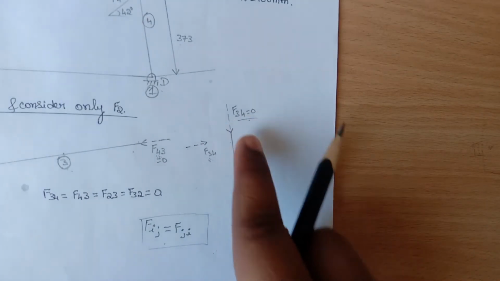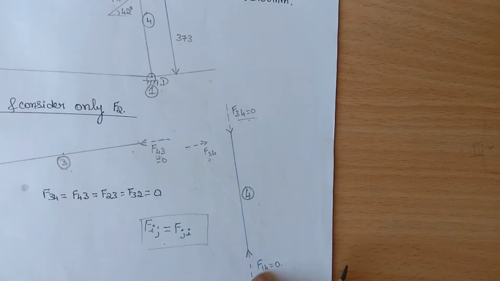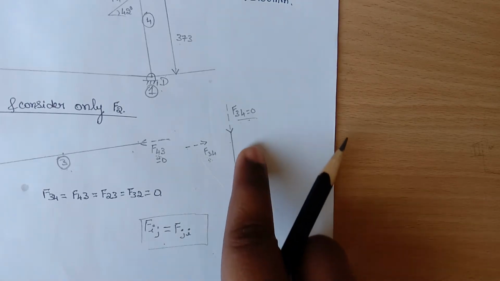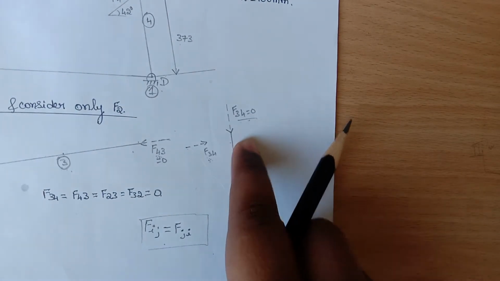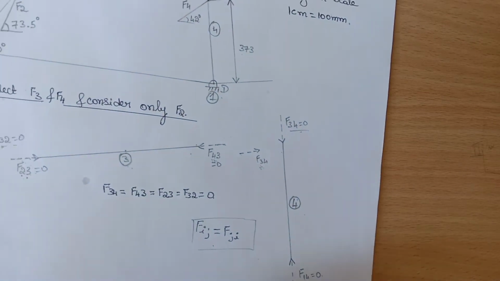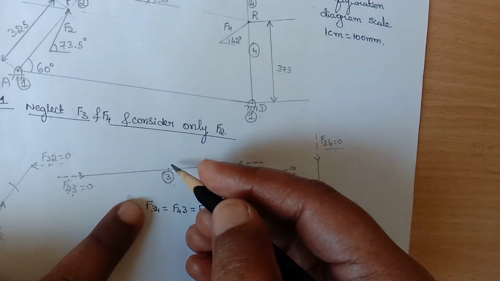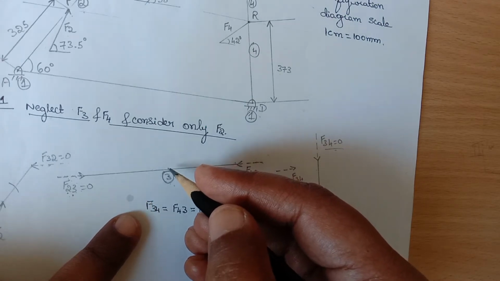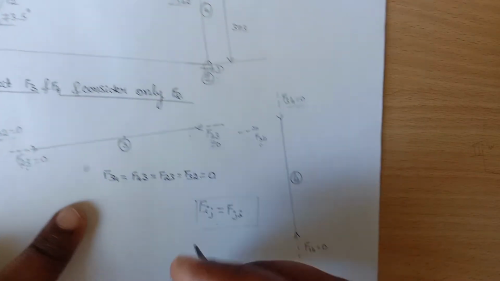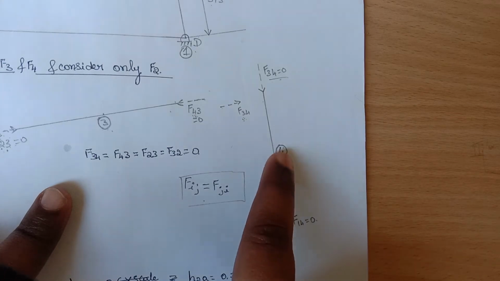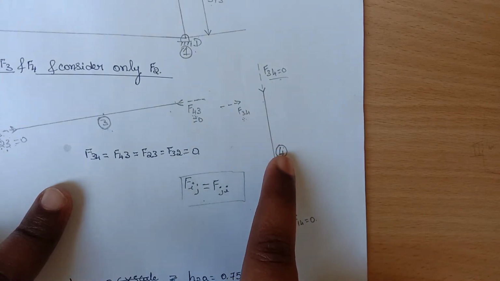F34 is opposite to F14 and it is equal in magnitude. So this is the direction of F34. Now I have shown the directions of the forces acting on link 3 and also the forces acting on link 4. I explained that one now.